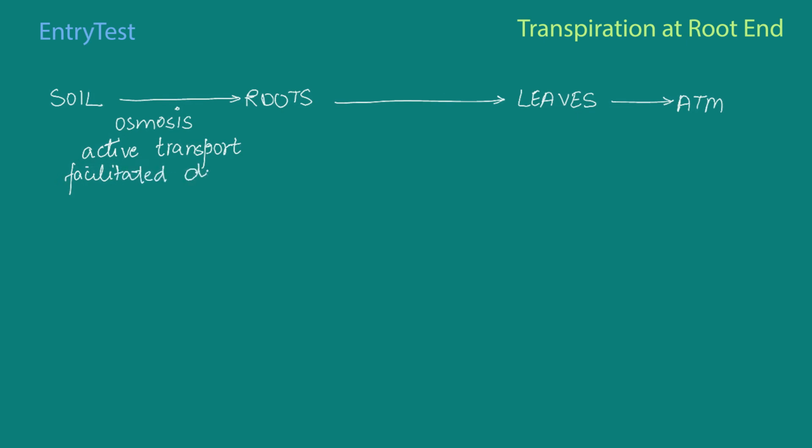Let me make a note of that: facilitated diffusion, and that takes place through potassium. And we also did one mutualistic relationship, which is between a fungus and a root. Fungal hyphae also help in transporting the minerals from the soil to the root.